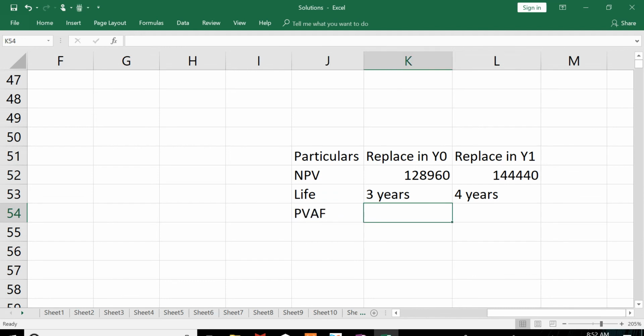Present value annuity factor. Annuity factor is, for 3 years, what is the factor? 2.487. The other one, okay, sorry, 3.170.